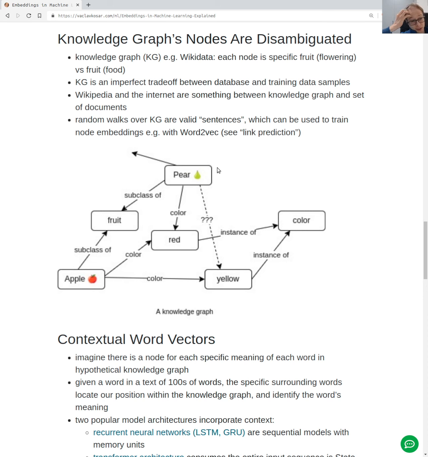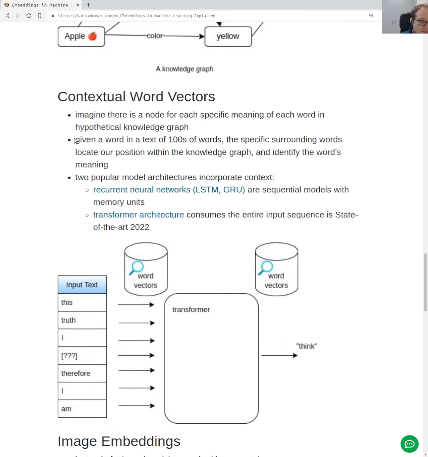embeddings for these words. This is supposed to help you a little bit to understand disambiguation, introduce these knowledge graphs, and also think about what is a valid sentence and what it can mean in the context of knowledge graphs.